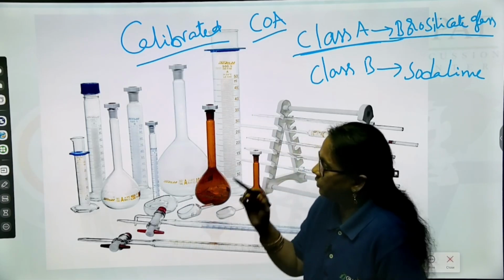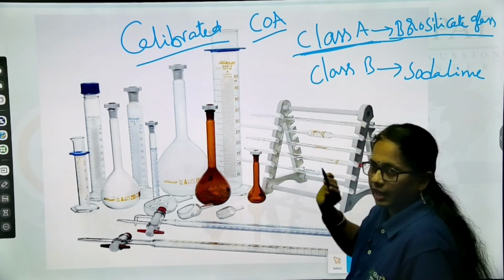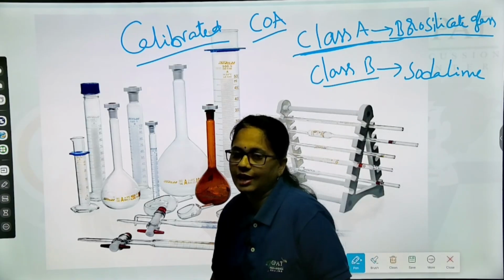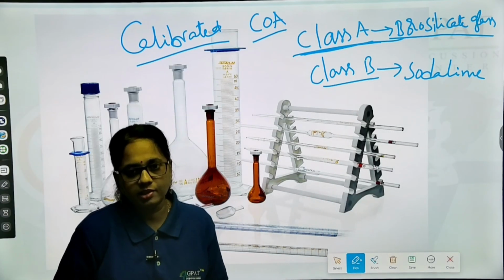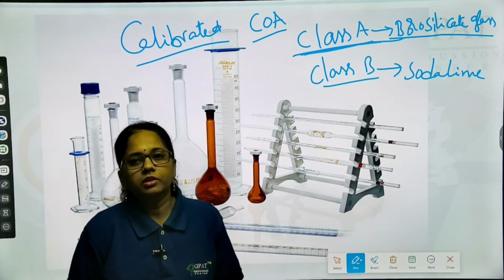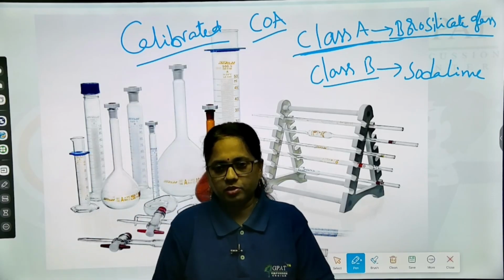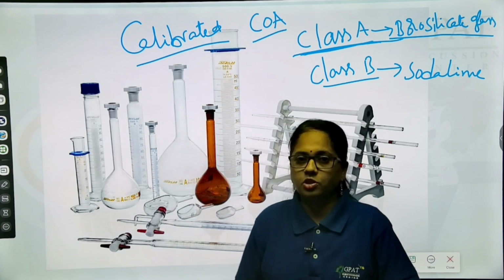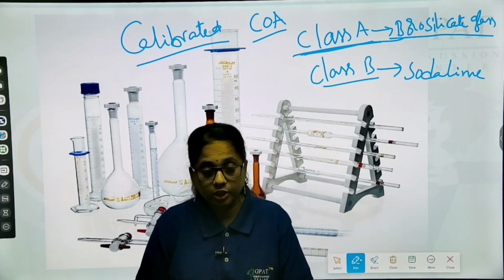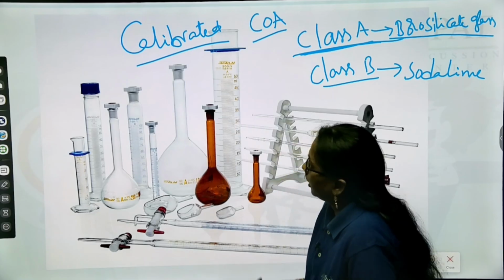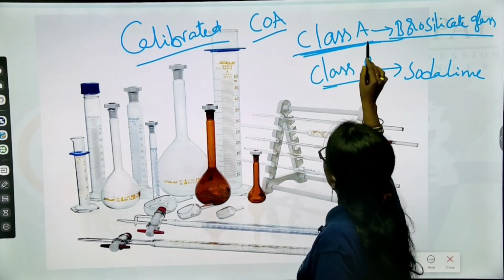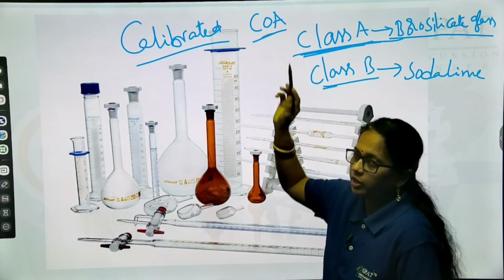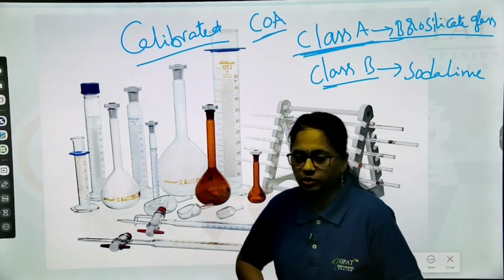Okay, calibrated certificates are available for the class A glassware, whereas the class B glassware, which are made up of soda lime glass, have to be calibrated by us. So for that we should know about the procedure of the calibration and what the tolerance limits are. Okay, and not only for the class B, you should be aware of the tolerance limits for the class A also, but already in the COA they are providing you the tolerance limits.